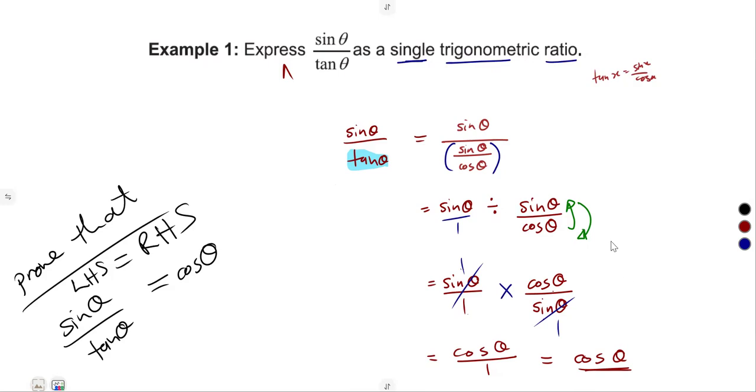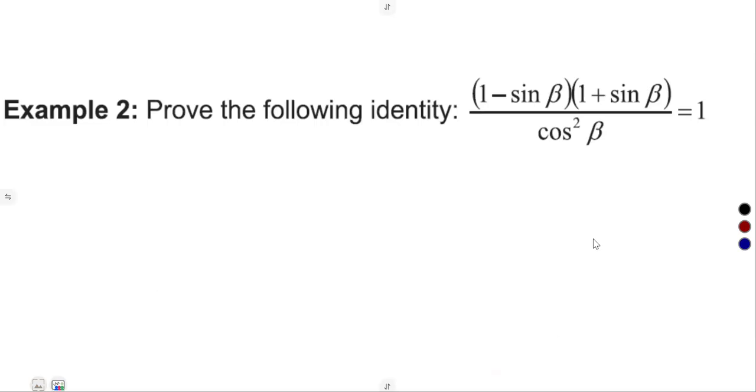So proving is an aspect under simplification, only that you have the answer. That is it. All right, let's consider question 2.